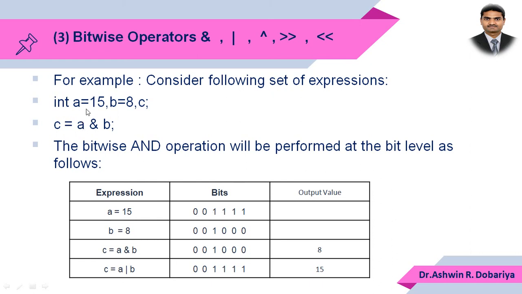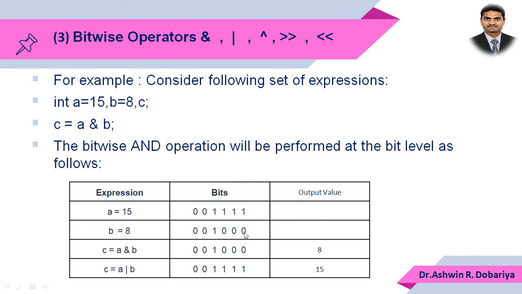Internally, first a is converted into binary, then b. The value of b is 8, so the equivalent binary of b is 1 0 0 0. Then we want to perform the AND operation. So AND means what? If both the bits are 1, then the result is 1, otherwise it's 0.